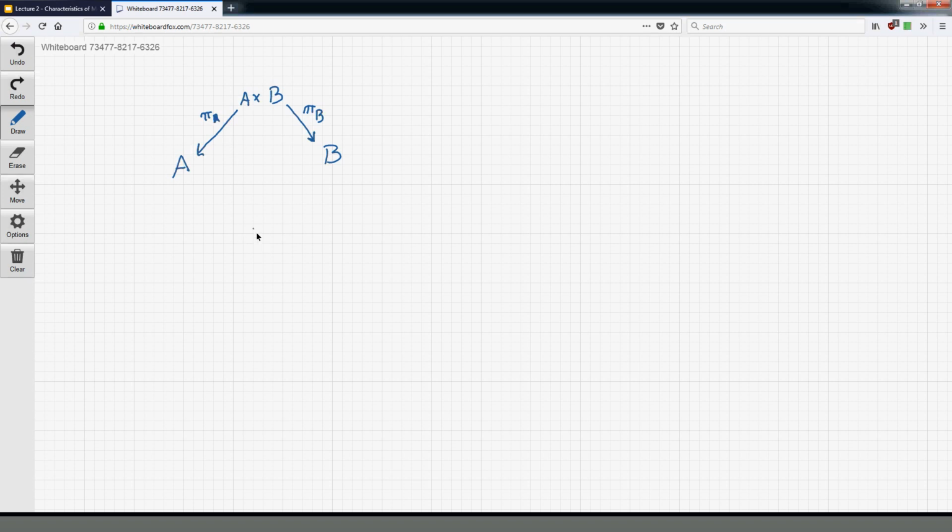Now, if we have any other span, so let's say we have X here and another candidate for the product, so to speak, with two arbitrary morphisms. If you have any other object like this, there has to exist a unique morphism going from X to the product. I'm going to draw it as a dotted line to indicate that this morphism has to exist from the definition of the product.